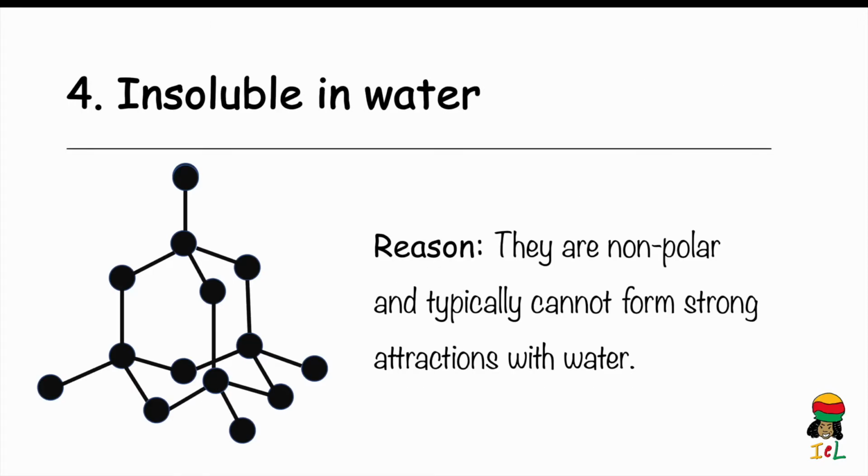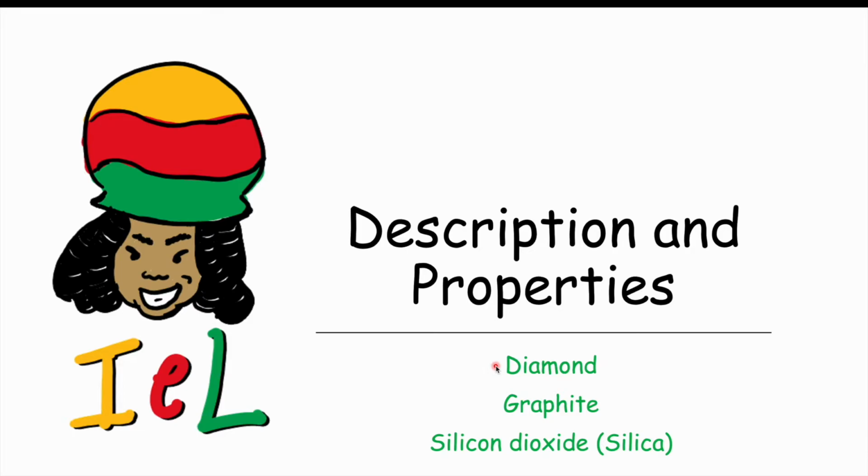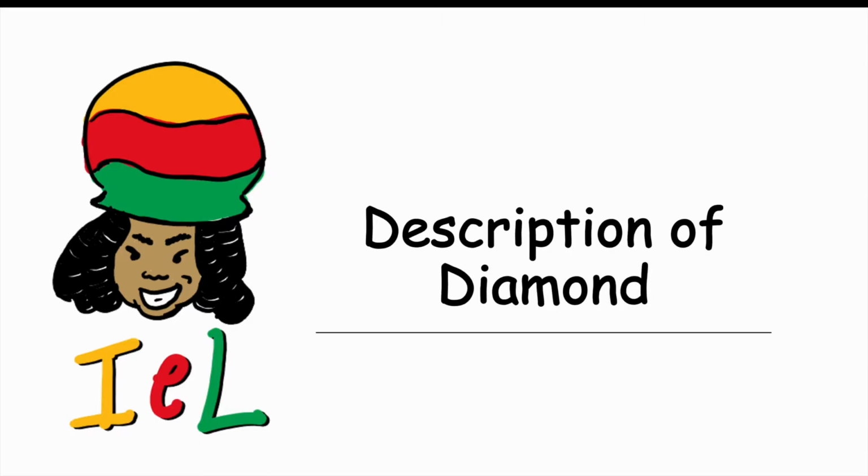Giant covalent structures are insoluble in water. That is, they do not dissolve in water. They are insoluble because they are nonpolar and are unable to form strong attractions with water molecules. We will now examine the description and properties of giant covalent structures specific to diamond, graphite, and silicon dioxide, also known as silica. We begin with a description of diamond.